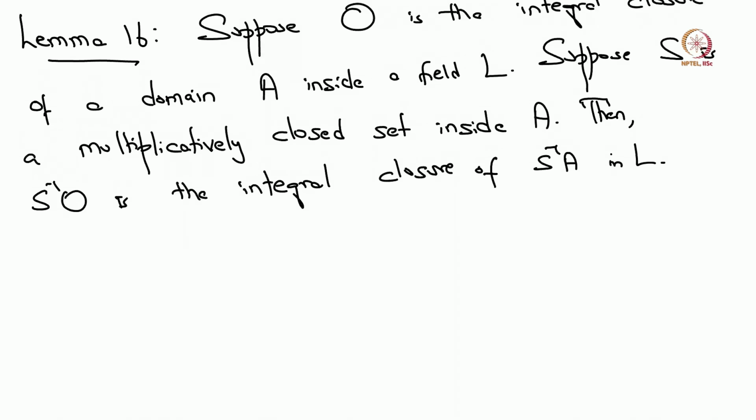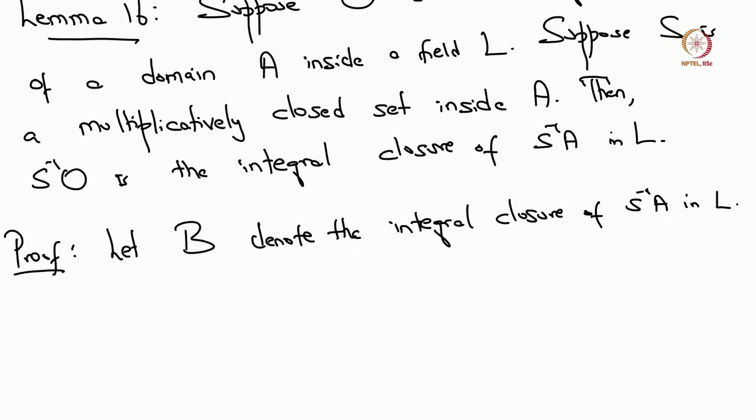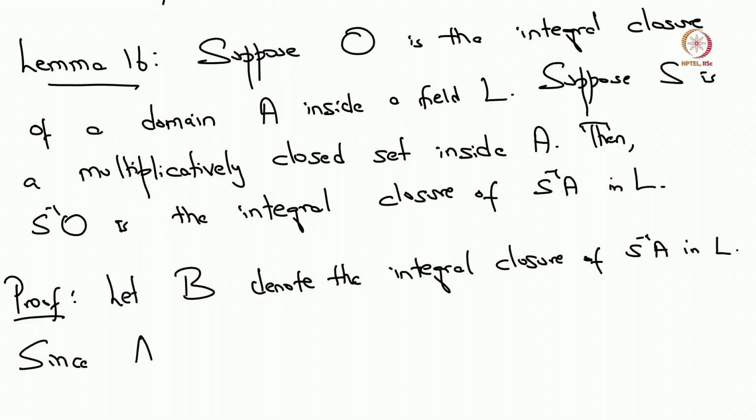Okay. So proof, so let's call B the integral closure of S inverse A in L, and since O is the integral closure of A, we have that the inclusion A inside O is integral, and this is almost by definition of what O is.